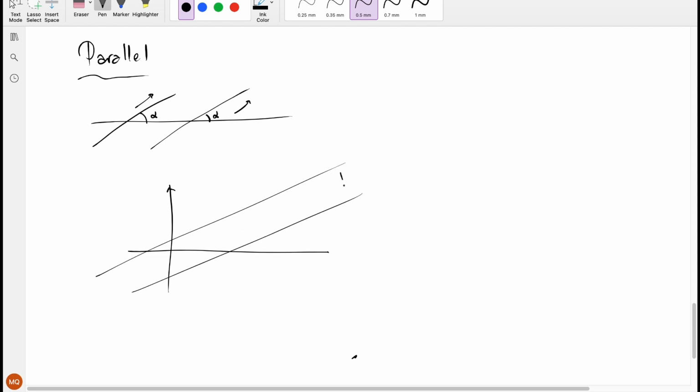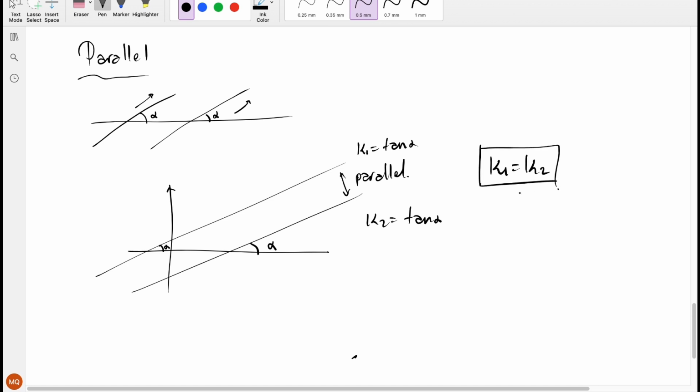These lines are parallel to each other. Here, if this is alpha, it means that this is also alpha, and we say that slope is equal to tangent alpha. So because both of them are equal to tangent alpha, we can say that k1 is equal to k2. So it's our rule for parallel lines.